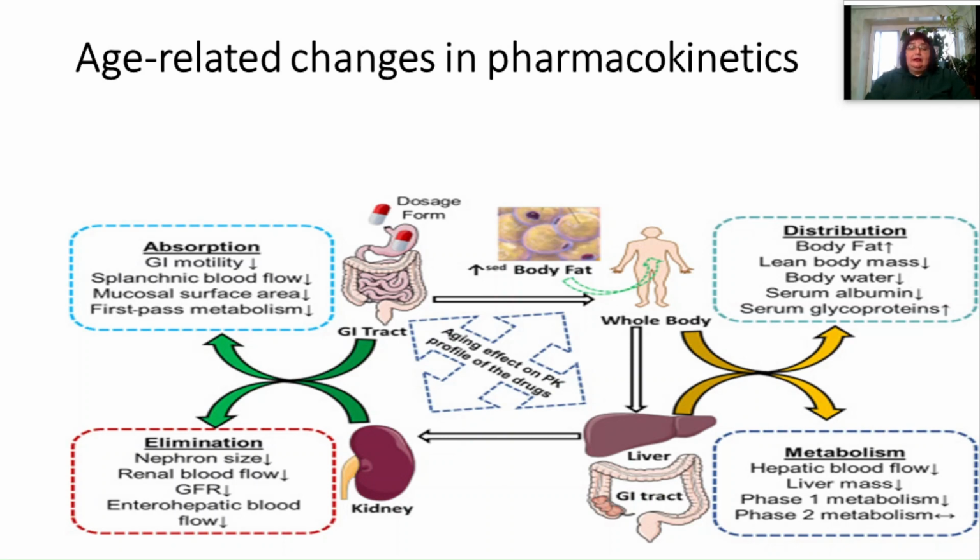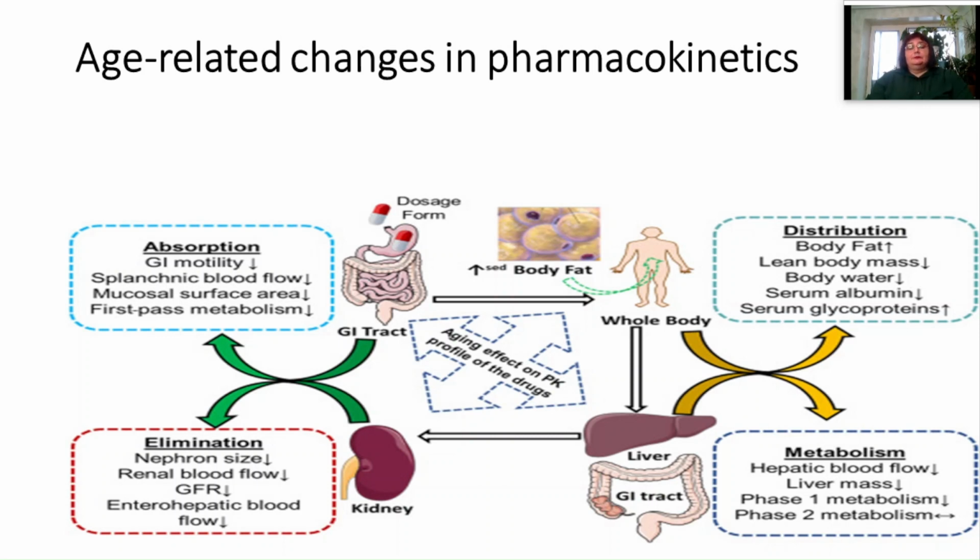And elimination: you see that metabolism is connected with the function of the liver and GI tract, which is important too, and there can be problems in different parts of the gastrointestinal tract.